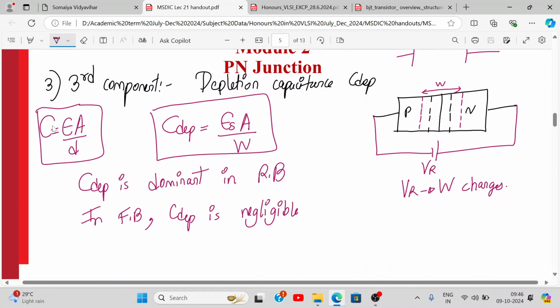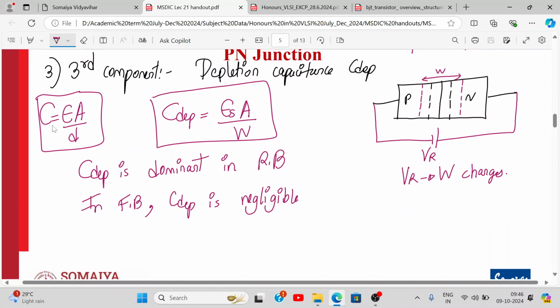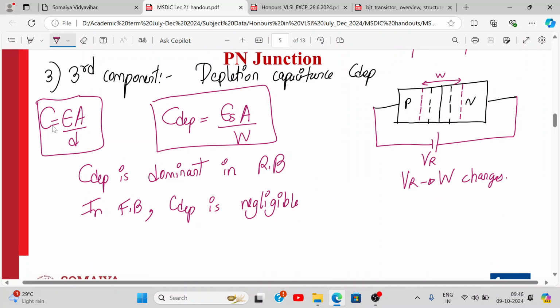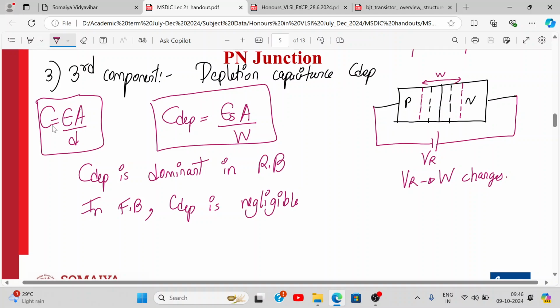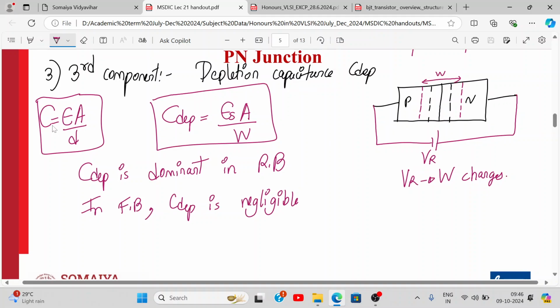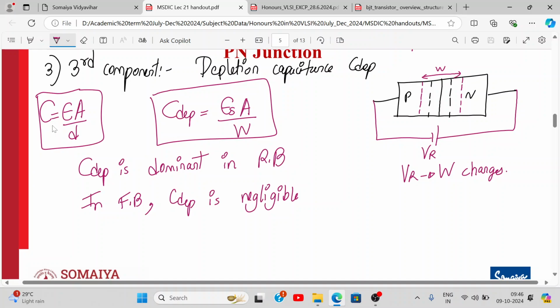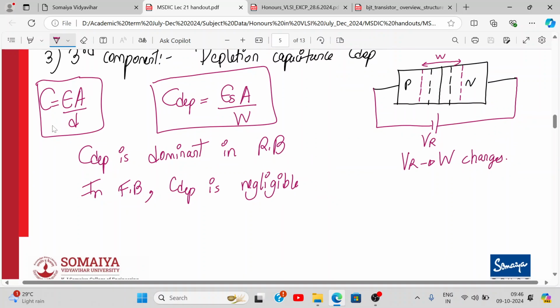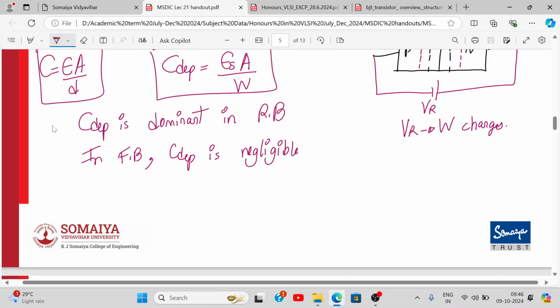The fourth component is series resistance. Completed this? Completed? So let's talk about the fourth component, series resistance, R_S.